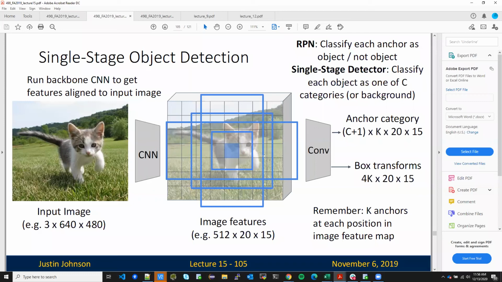You would also classify the object as one of the C categories, and we still have K anchors at each position in the image feature map.